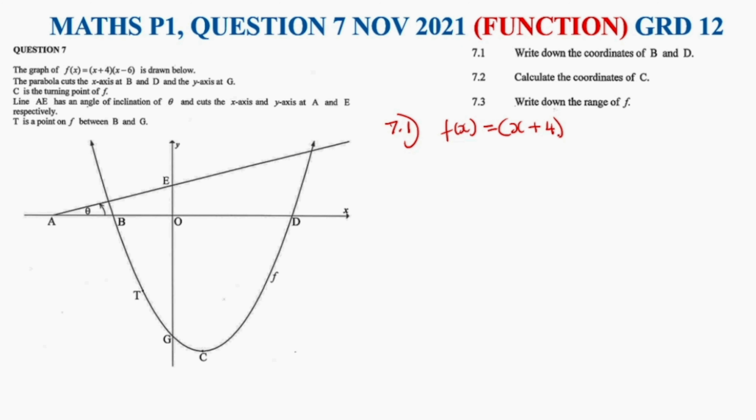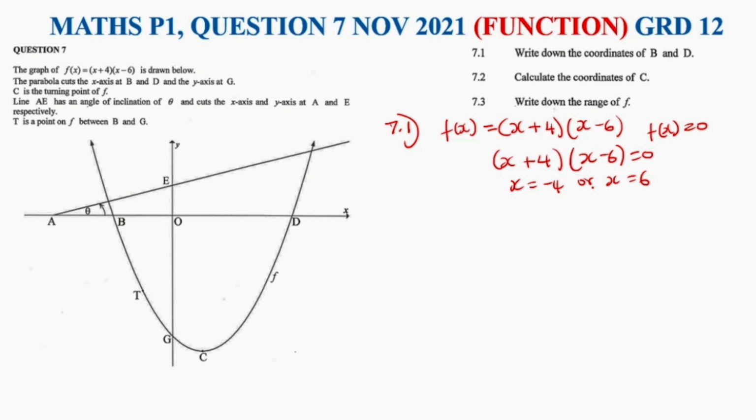Okay, great stuff. So we get our x-intercepts when y is equal to 0. So therefore f of x needs to be equal to 0 in order for us to get our x-intercept values. Remember, they said the coordinates, guys, so you need to give them as such. So x is equal to minus 4 or x is equal to 6.